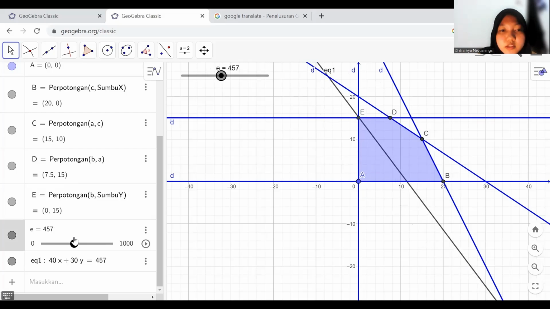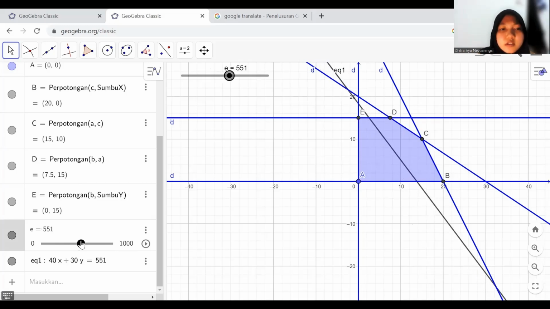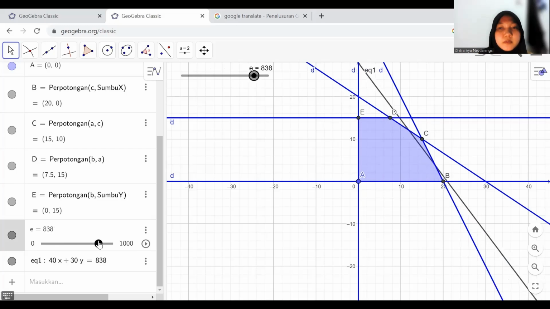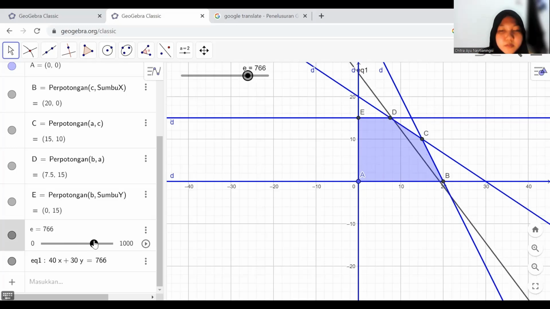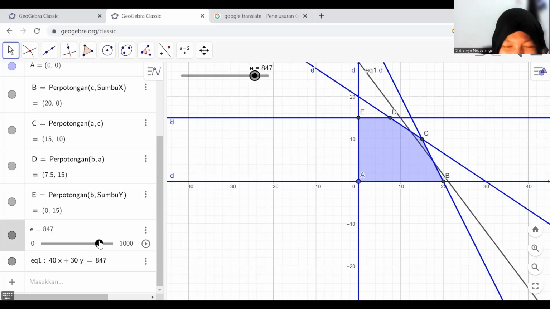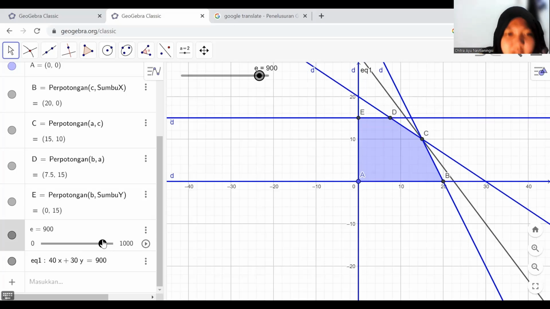Point E is around 150, and point D is 750, and point B is 800, and point C is 900.